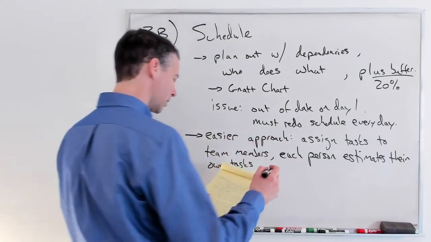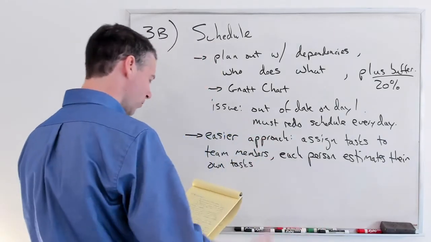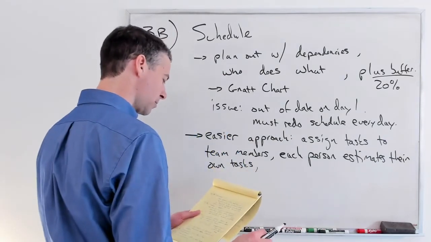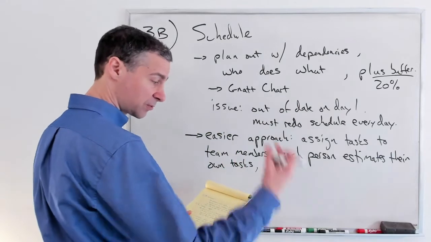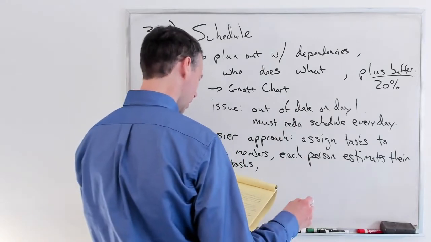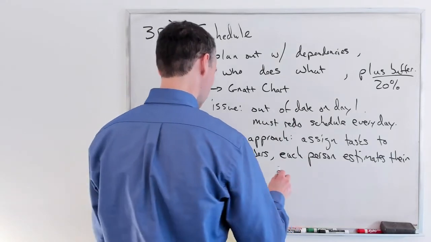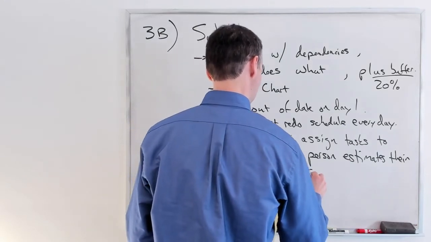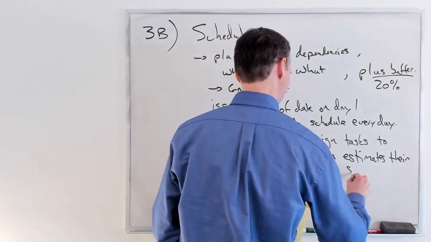You could do it together, but then once you know which tasks you're going to do, you estimate times against all of them. This is for the entire project. And then each person gets a stack of tasks.